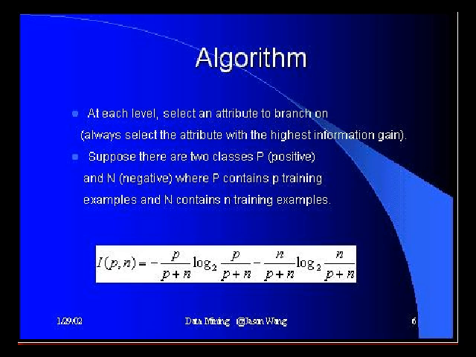The algorithm works as follows. At each level of the tree, we select an attribute to branch on, and we always select the attribute with the highest information gain. So the whole story is to teach you how to calculate this measure, information gain. In our particular example, we have only 2 classes.